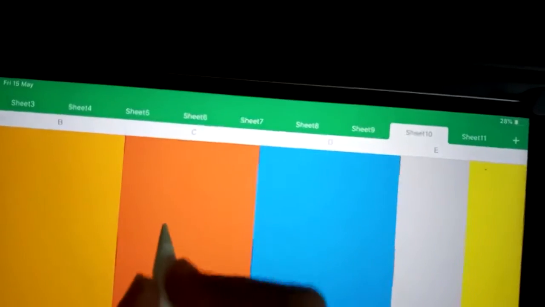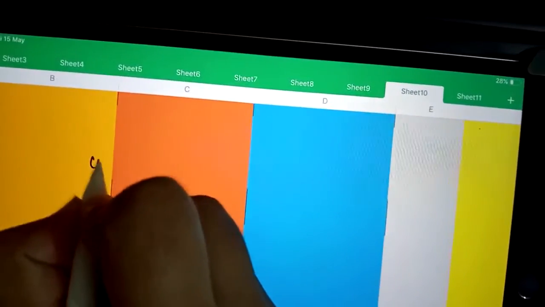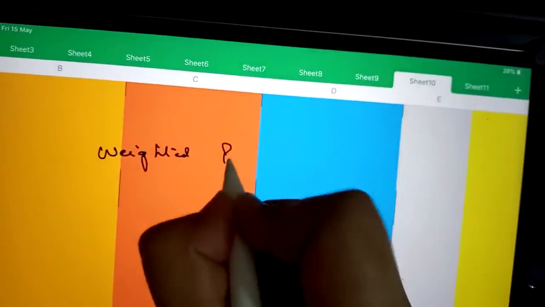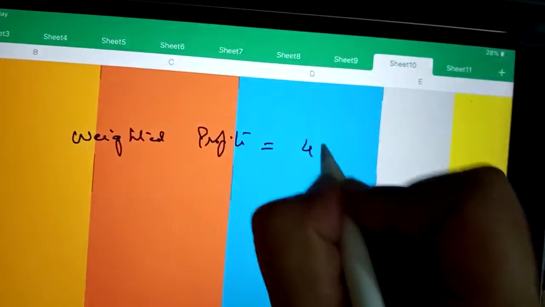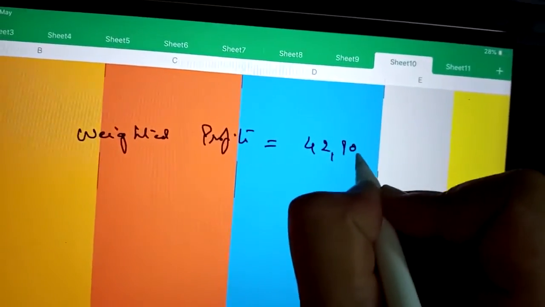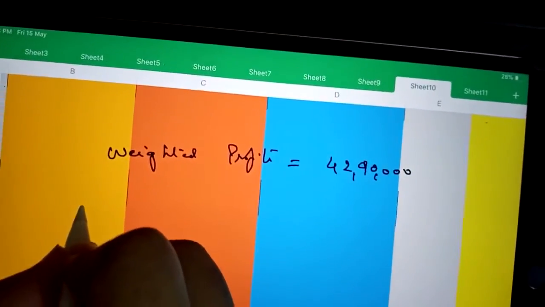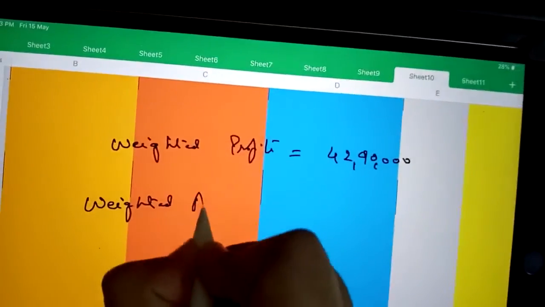Now we will calculate. Here the weighted profits we have calculated is equal to 42,90,000. And next step is to calculate weighted average profits.